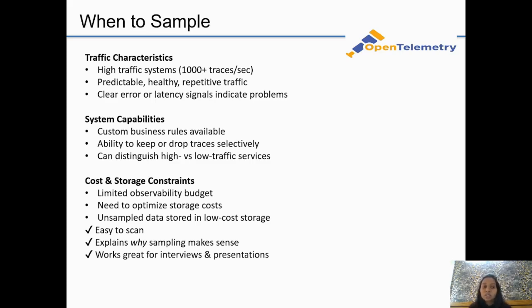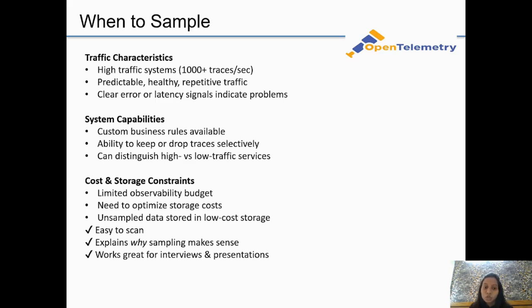Now let's check the system capabilities where we need sampling. Sampling works well when you can define custom business rules, you can selectively keep or drop traces, and you can distinguish between high-traffic and low-traffic services. The third situation where sampling is needed is cost or storage constraints.